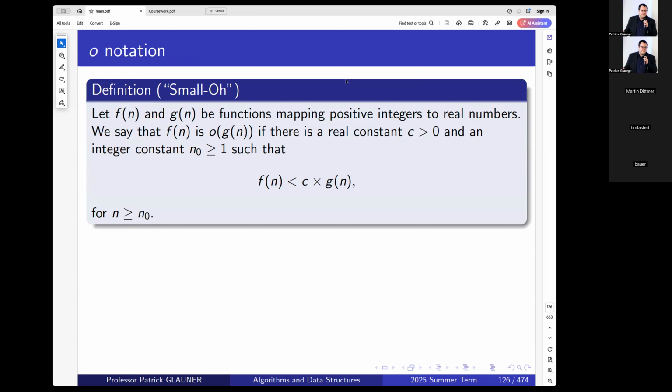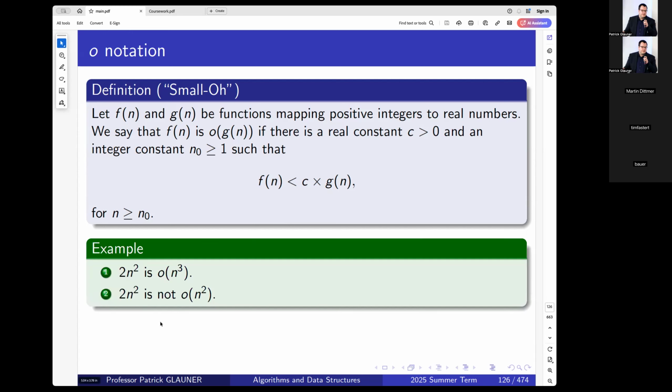When we looked at our big O notation, we said f of n is less than or equal to c times g of n. Now, if you change this less than or equal to sign to a less than sign, then what you have is not a big O notation, but the small o notation. This small o notation is something like, we can say that 2n squared is small o of n to the third, because it's not a less than or equal to, but it's a real upper boundary that we cannot reach.